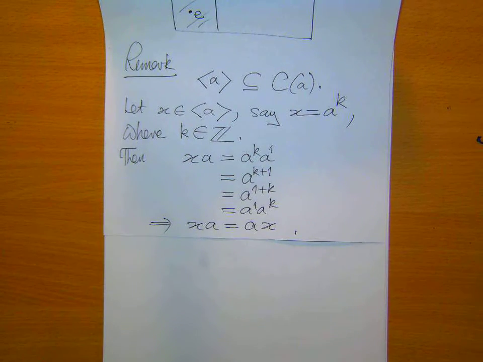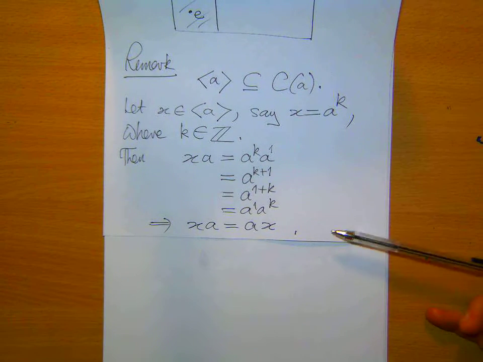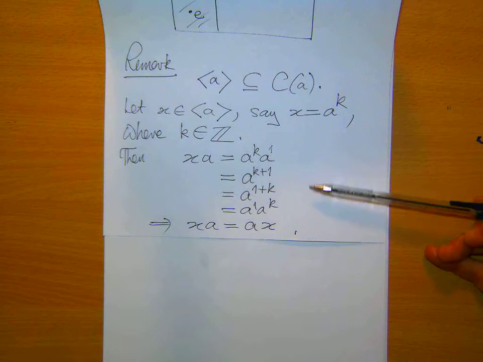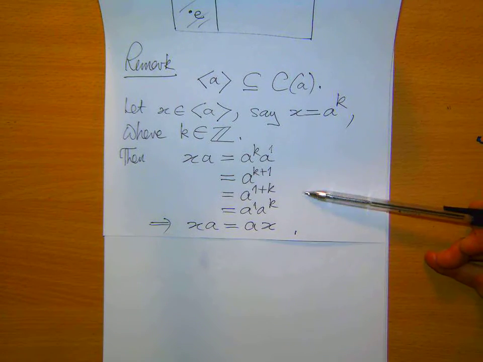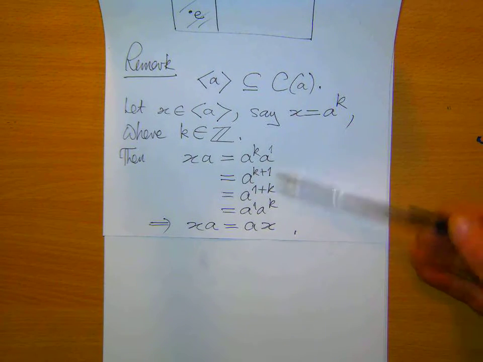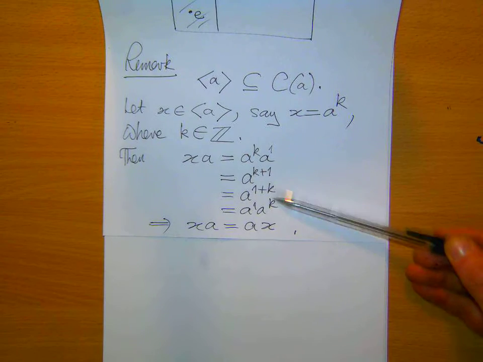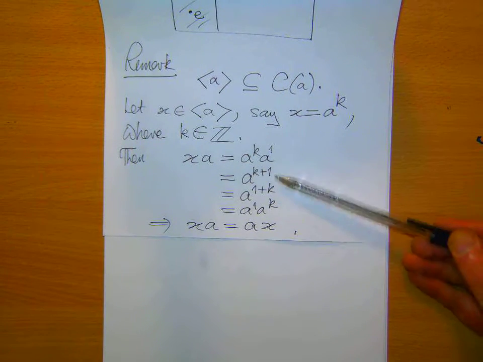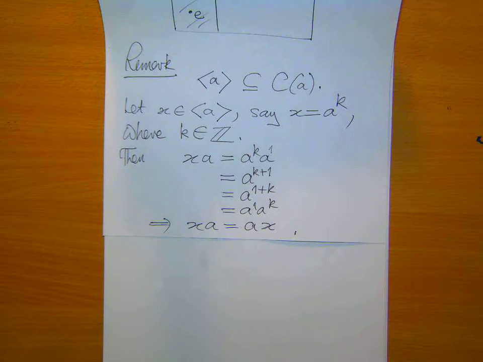Okay, so I'm just using index laws there to show that any power of A commutes with A. So any element of the subgroup generated by A is in C of A. I haven't put the right-hand reasons down there, but I'm using index laws, and I'm using the fact that K plus 1 is the same as 1 plus K, which is just commutativity of addition in the integers that you've been using for 15 years or more. And then we get XA equals AX.